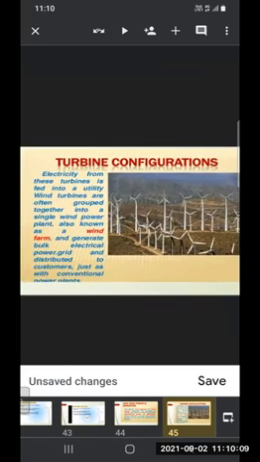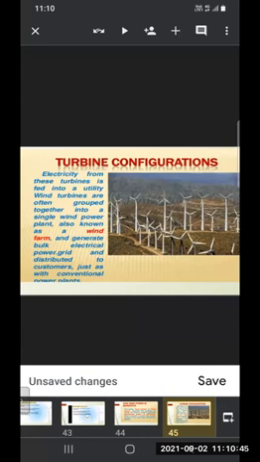Turbine configurations. Electricity from these turbines is fed into a utility grid.